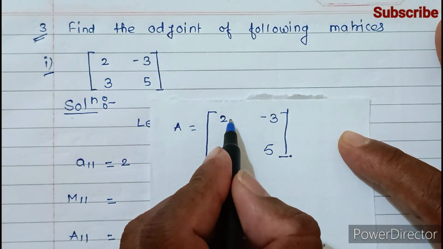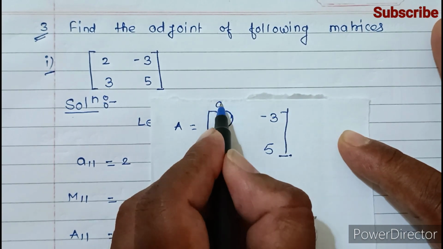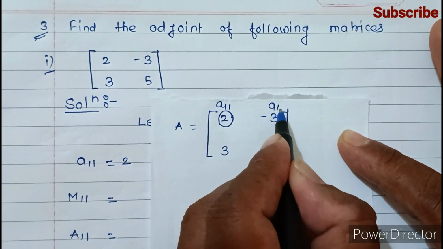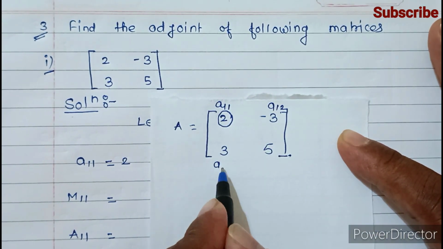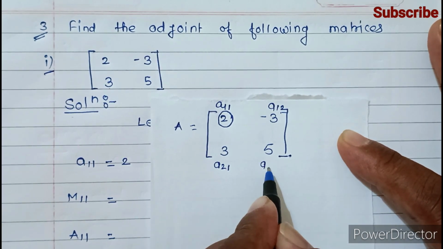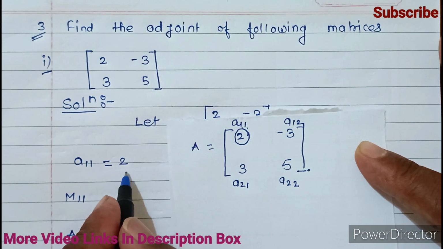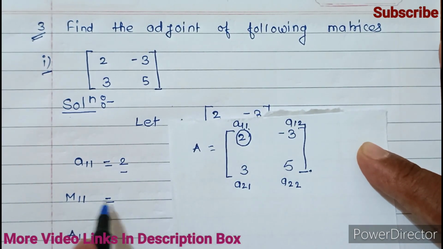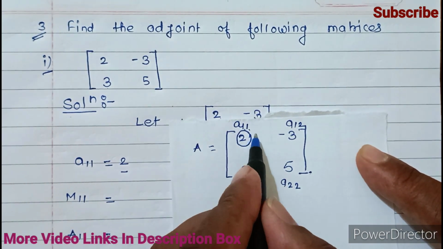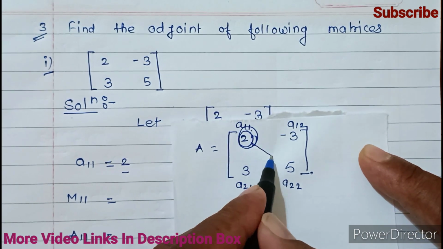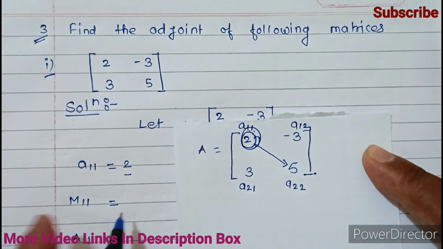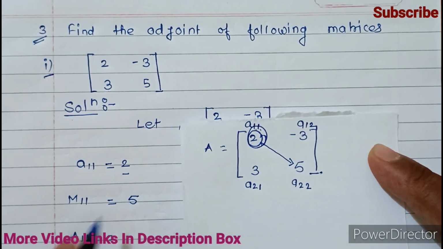The position of this 2 is A11, this is A12, this is A21, and this is A22. Therefore A11 will equal this 2. Now the minor of this A11, meaning the minor of 2, will be 5. Write down here 5 as a minor.